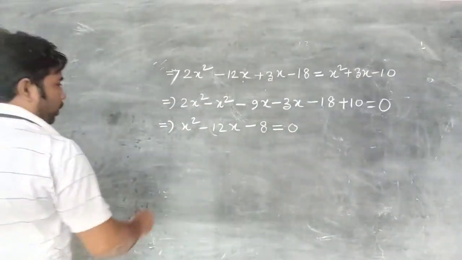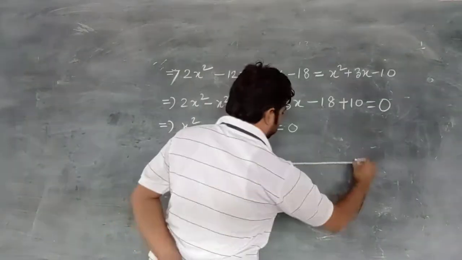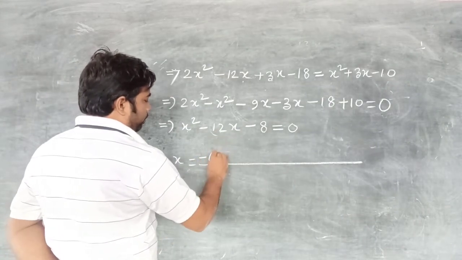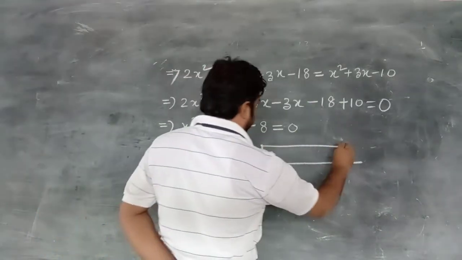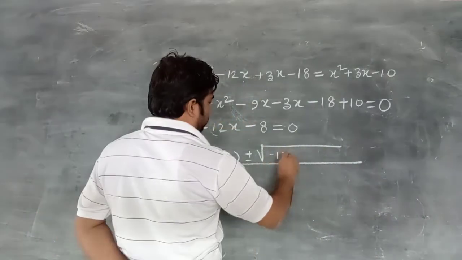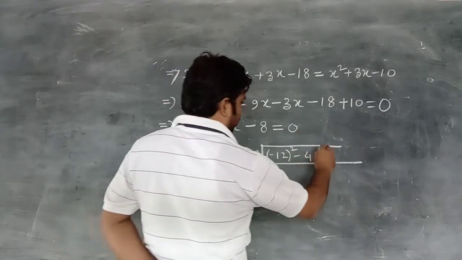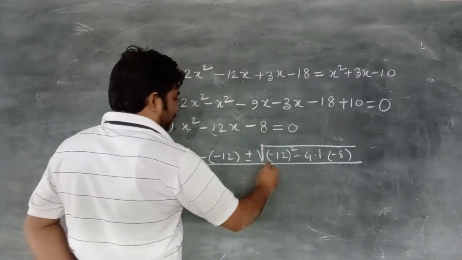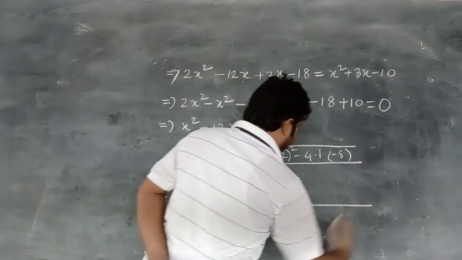So if we apply the formula, what shall we get? x equal to minus b, what is the value of b? Minus minus 12 plus minus root over b square, minus 12 whole square, minus 4 into a into minus 8, by twice a, 2 into 1. So what should we get here?